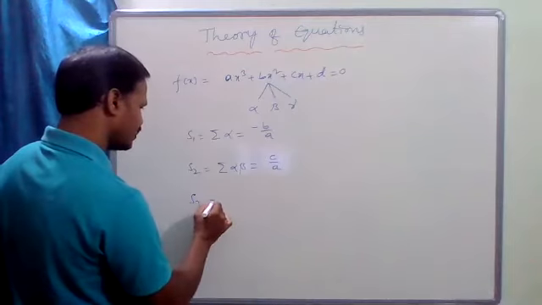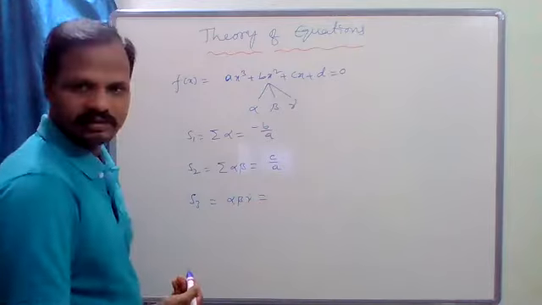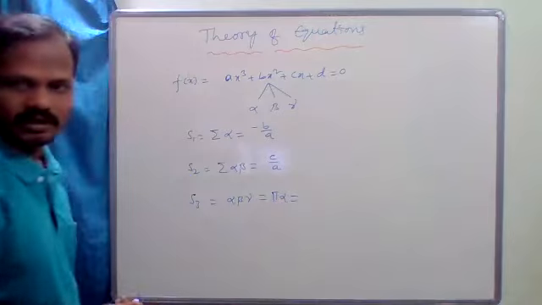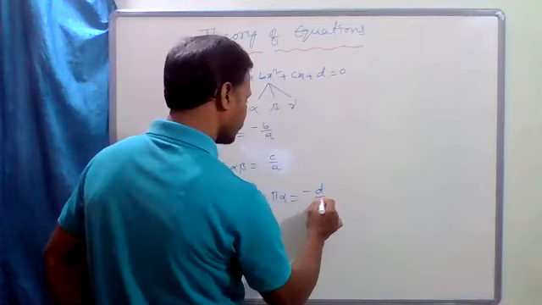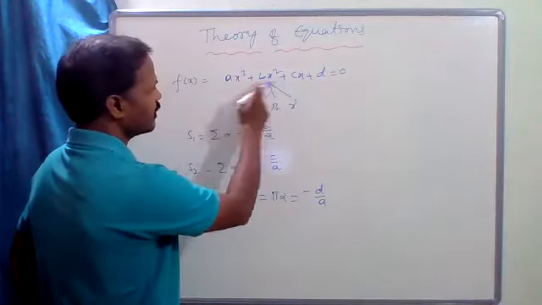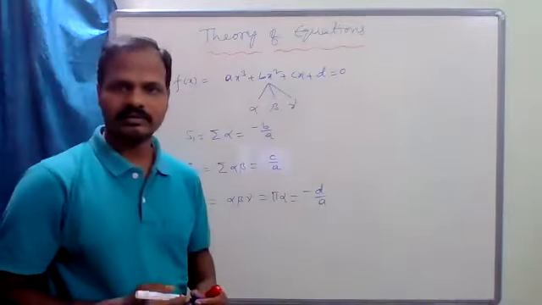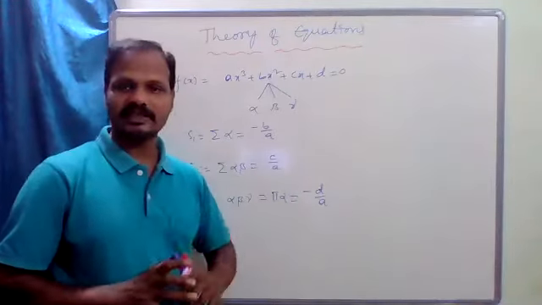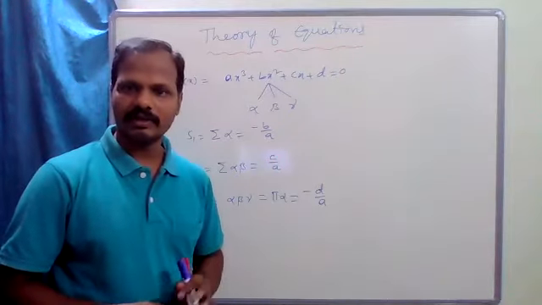And S3, the product of the roots alpha beta gamma, which can be written as pi alpha, equal to minus d by a. See, minus, plus, minus: minus b by a, c by a, minus d by a. This is for the cubic polynomial.